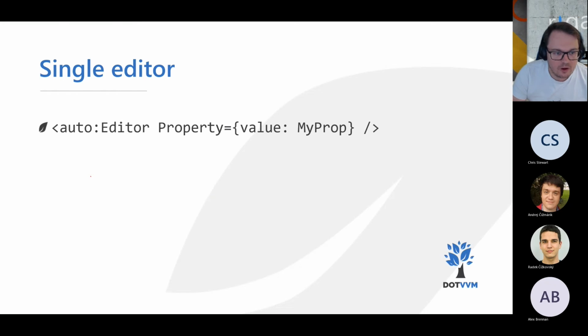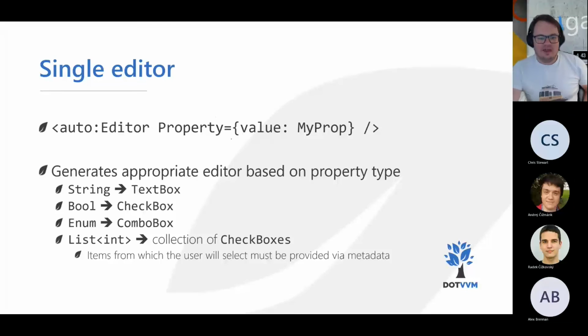So if you want to start using Auto UI, then we have several components there. First is Auto Editor, and it's basically an editor for a single field. You specify just the property, and it will look at the type of property, and based on that, it will pick the correct editor. And also it can look at the attributes with the UI hints.